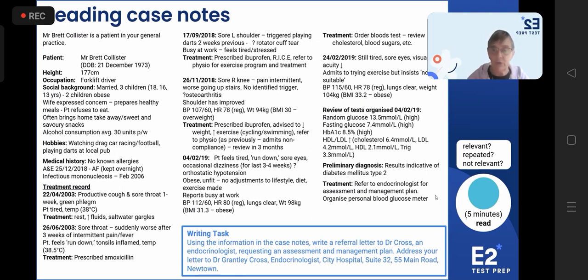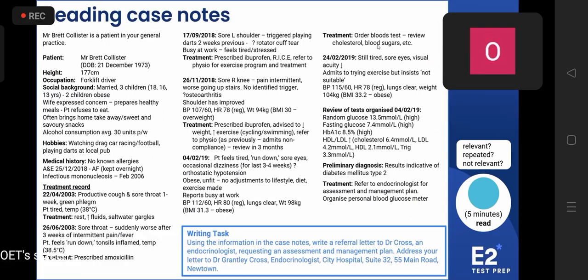Refer to the endocrinologist for assessment and management plan. Organize personal blood glucose meter. And we've got a preliminary diagnosis. That's interesting. All right, so it's all about the diabetes that this patient has, Mr. Hollister. All righty, guys. So take your time. I've got the chat box open. Thanks, Oslim.